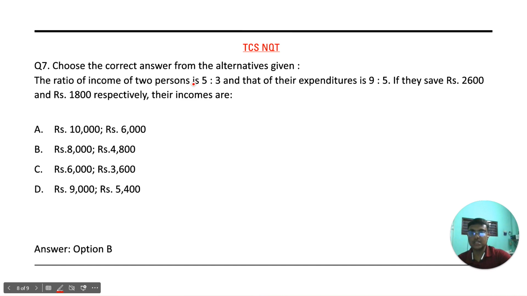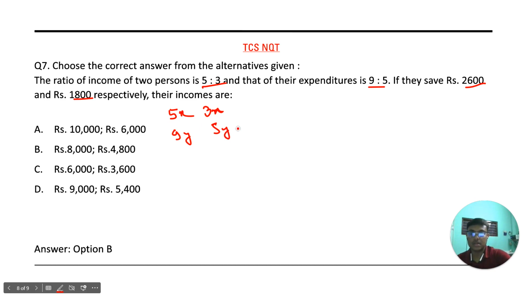So the question says the ratio of income of two persons is 5:3 and that of expenditure is 9:5. If they save rupees 2600 and rupees 1800 respectively, their incomes are. So let's say their incomes are 5x and 3x, and that of their expenditures are 9y and 5y.